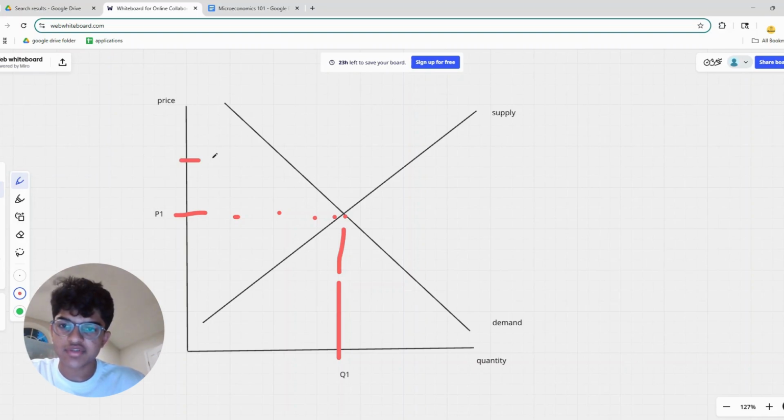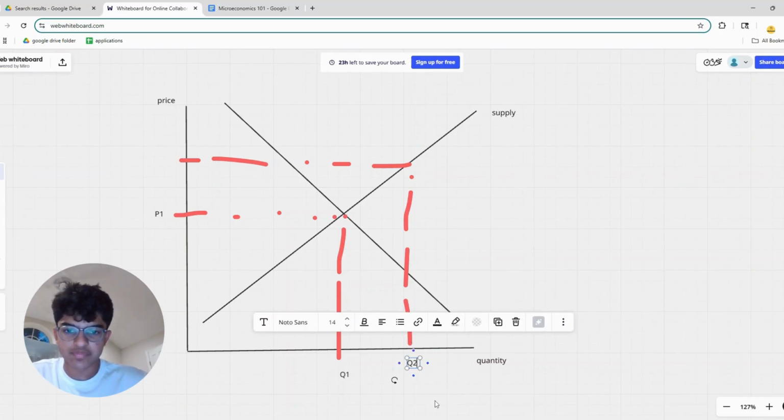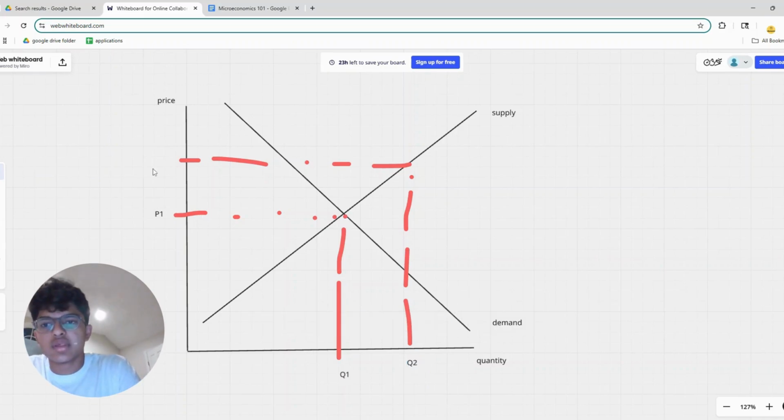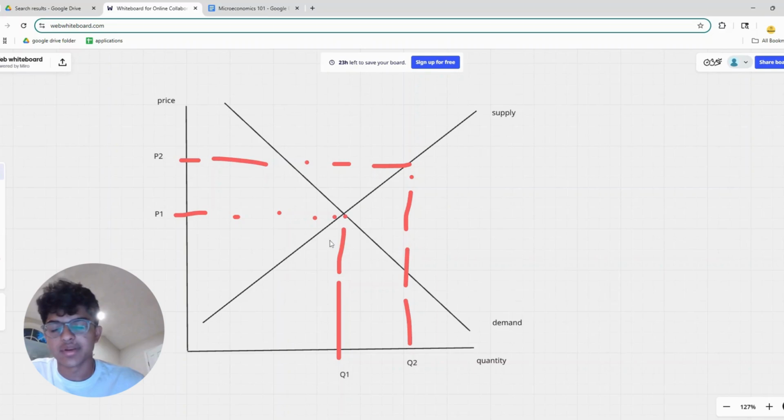Well, at this price, because the price is so high, suppliers are going to produce more. So the quantity supplied is going to be quite high. It's going to go from what it was initially, Q1, all the way up to Q2. The issue is at P2, the quantity demanded is not going to be equal to the quantity supplied.